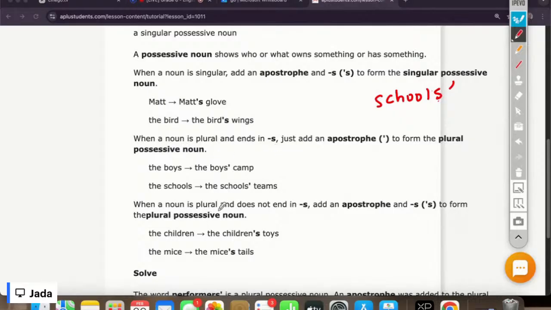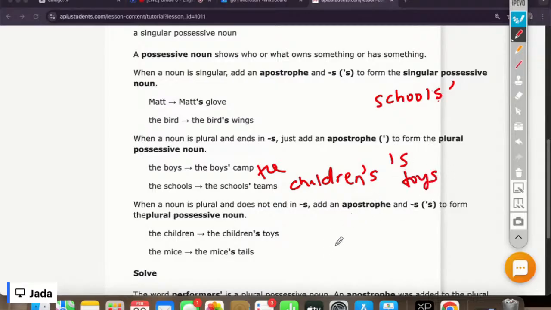Then when a noun is plural and does not end in s, so some plurals don't end with s, you have to put your apostrophe and then s. So for example, we have children. Children is already plural but doesn't end with s, so we put apostrophe and s. The children's toys.